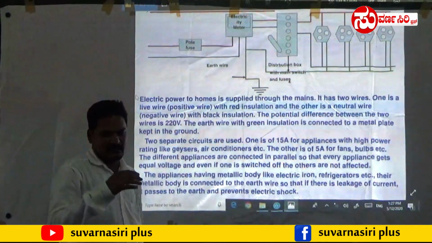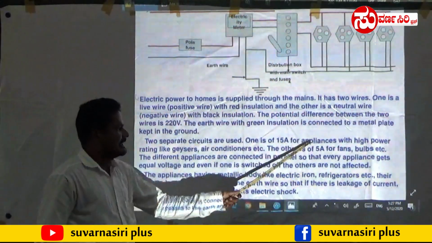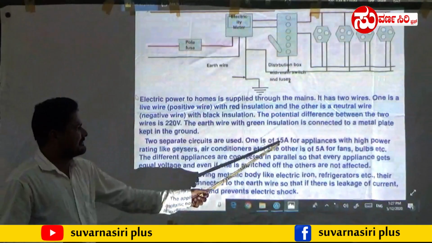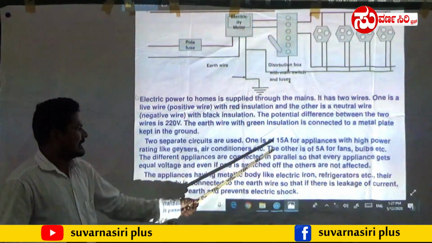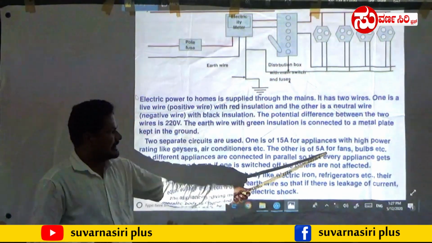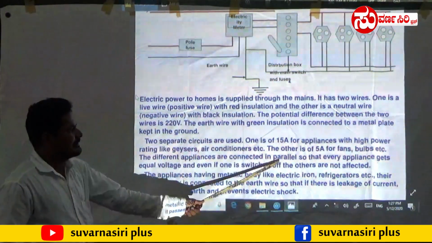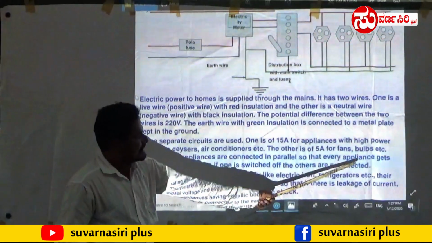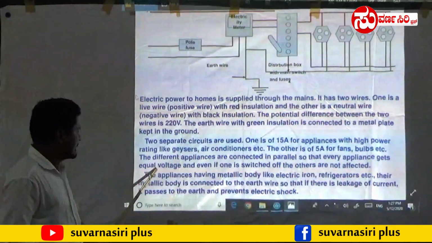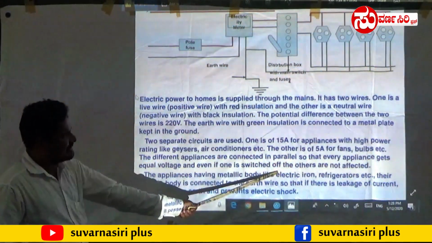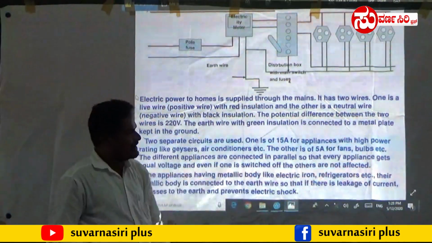Here, for high power appliances we use 15 ampere electric current, and the other 5 ampere is for fan, bulb and different appliances, connected in parallel, so that every appliance gets equal voltage, and even if one is switched off the others are not affected.